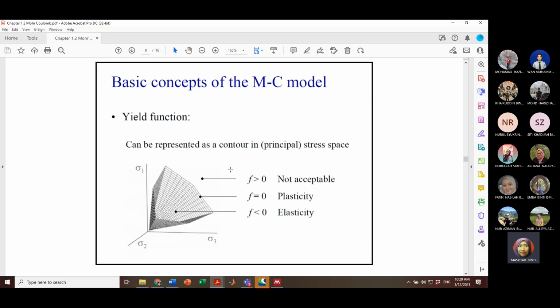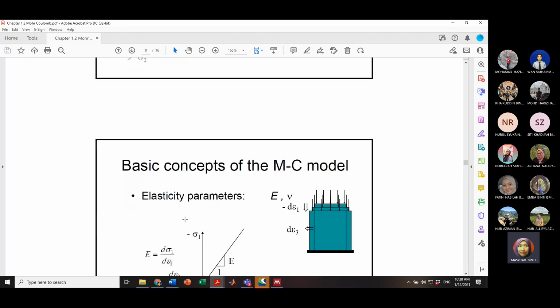Okay, yang ni explain to you the conditions of the yield function kalau f more than 0, f equal to 0 and then f less than 0. So this is within the boundary, so that is the plasticity. And kalau you ada f more than 0 is a non-acceptable sebab yang ni dia punya yield criterion, the phase ataupun the yield criterion of the MC in a hexagonal shape.